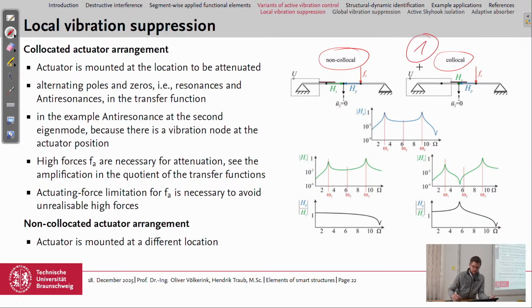In this case, the actuator is placed at the position of the point we want to calm down. So the point where the structure is disturbed by external excitation is not the point we want to quieten, but the point we want to quieten is also the location where our actuator is placed.